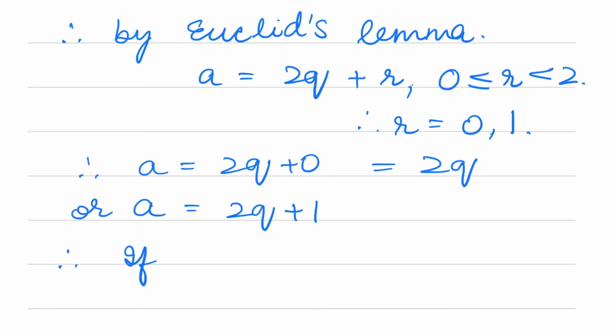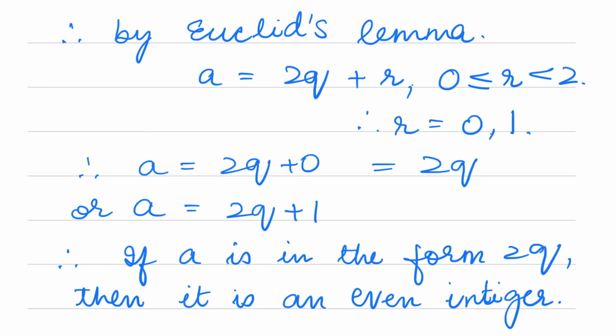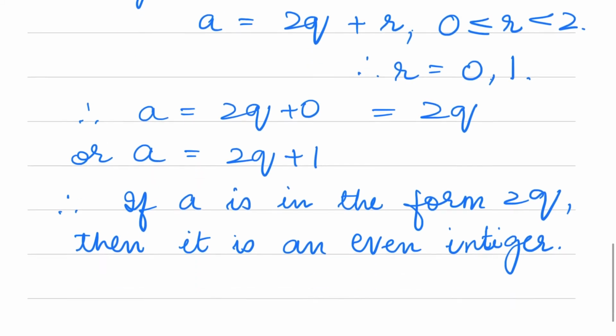1. So if a is in the form 2q, then it is an even integer because it has a factor 2.